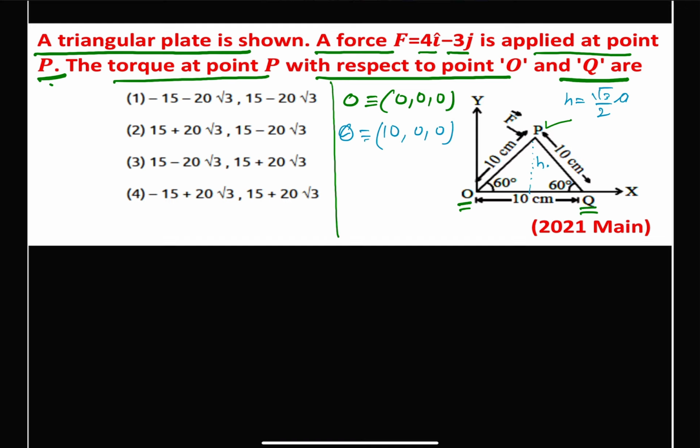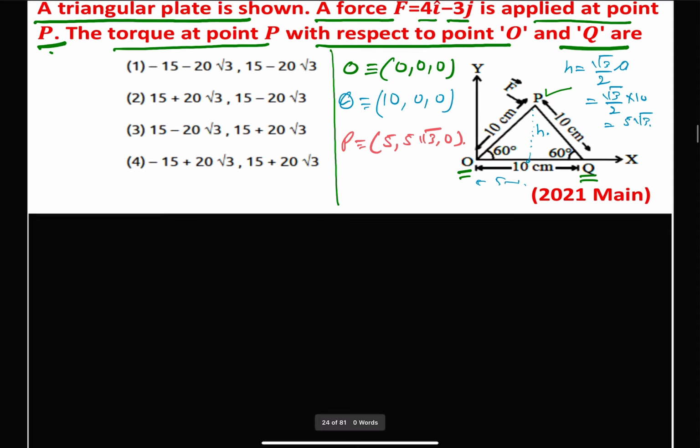So we get square root of 3 divided by 2 multiplied by 10, giving us 5 root 3. And obviously the other distance will be 5. Therefore we can write P will be equal to 5, 5 root 3, 0.